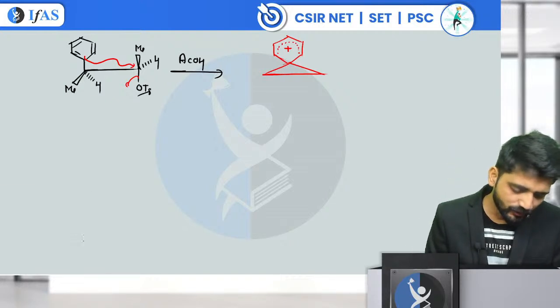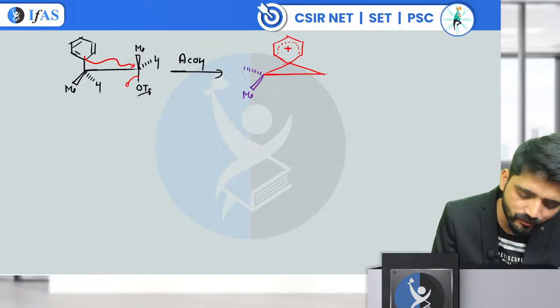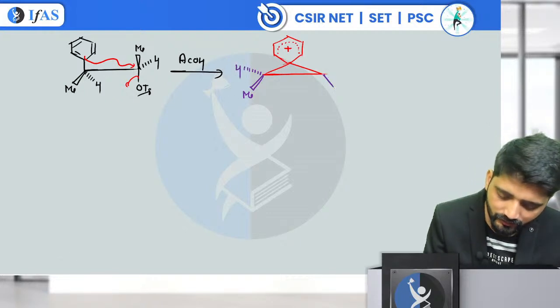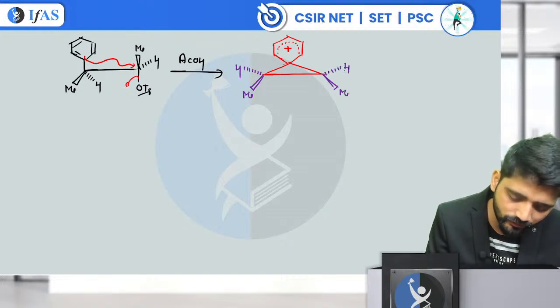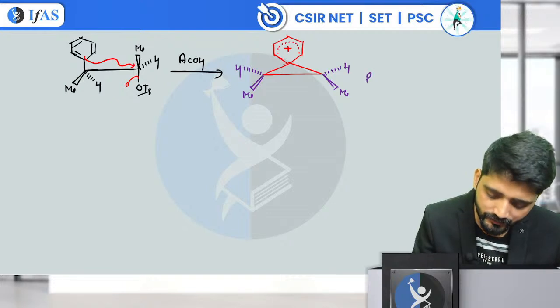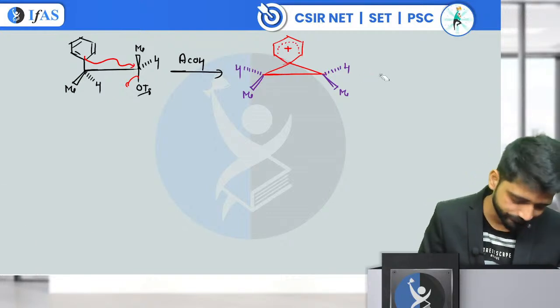If the methyl was present in the question above the plane, we will keep this methyl above the plane and the hydrogen below the plane. Similarly, here also, the methyl was above the plane and the hydrogen was below the plane. So, we will keep this in a similar way. Of course, this type of ions are called phenonium ions.